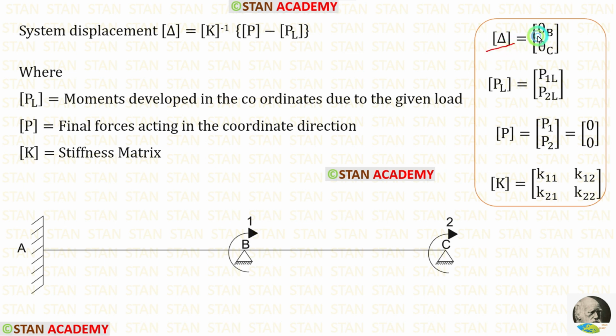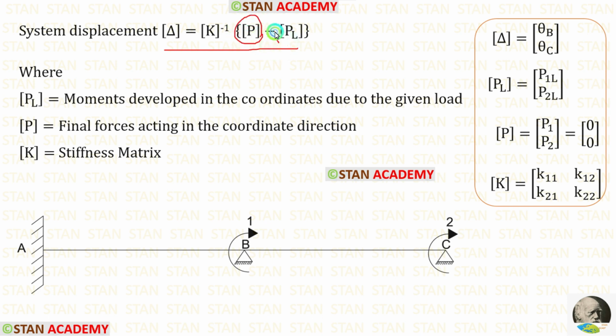Inside the delta matrix, we will have the slope values theta B and theta C. P matrix is the final forces or moments acting in the coordinate direction. In the coordinates, there are no final moments developed because in the given beam, there is no overhanging. So inside the P matrix, we can simply enter 0, 0. In this formula, we have found P matrix.